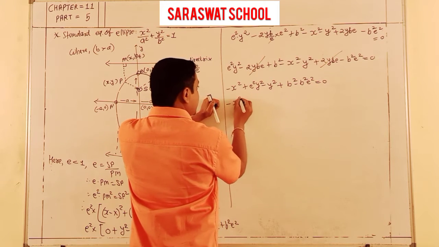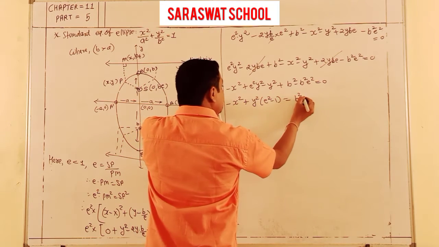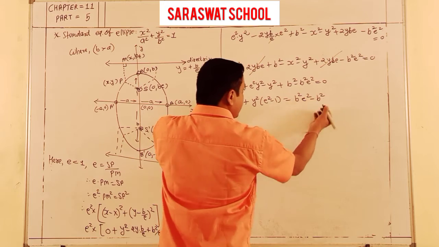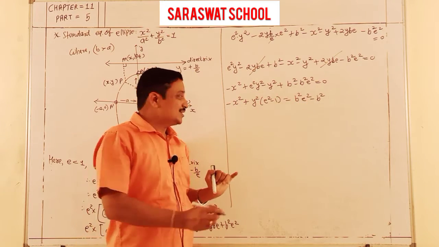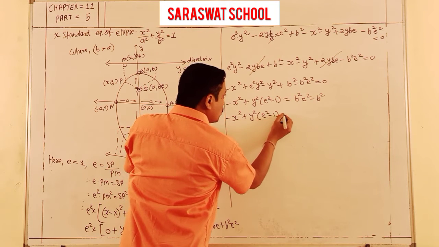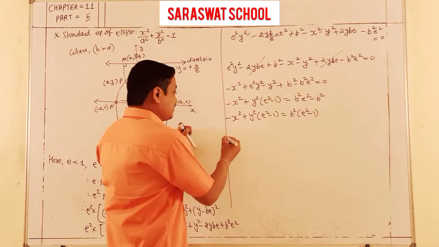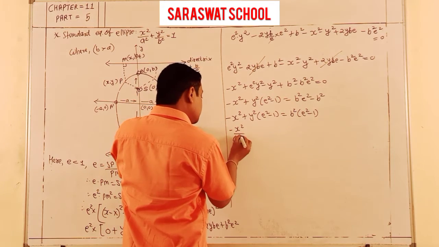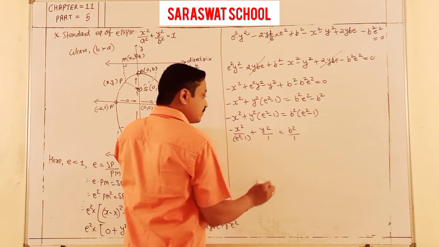So minus x square, the same, y square into e square minus 1, and you move that to the right side, b square into e square, negative to positive and positive to negative. So here, students, you will take common b square, it is e square minus 1, and each term divided by e square minus 1. Here e square minus 1 by 1 and your b square.